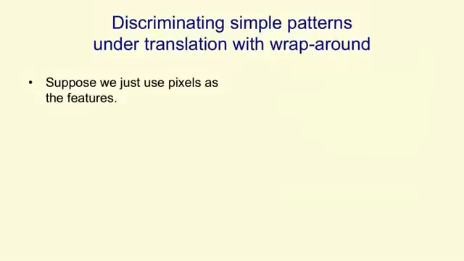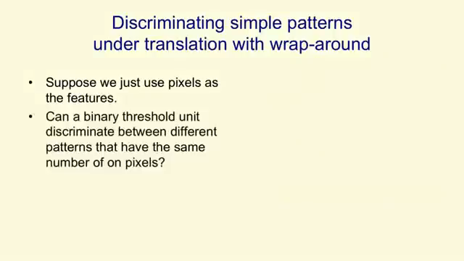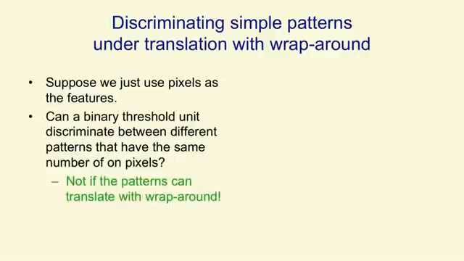So suppose we just use pixels as the features. The question is, can a binary threshold unit discriminate between two different patterns and call one positive example and the others negative examples if they've got the same number of pixels in them? And the answer is no, it can't discriminate two patterns that have the same number of pixels if that discrimination has to work when the patterns are translated and if the patterns can wrap around when they translate.